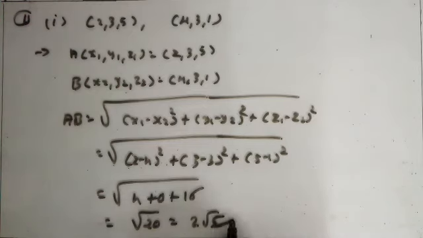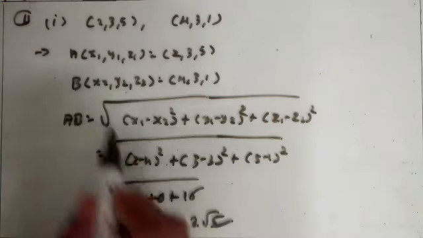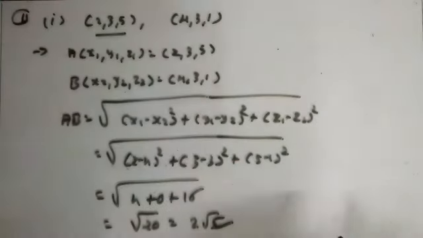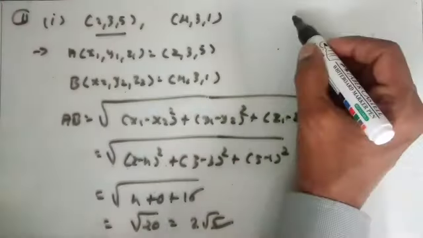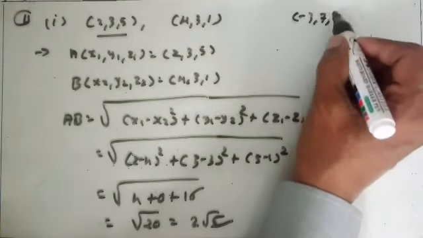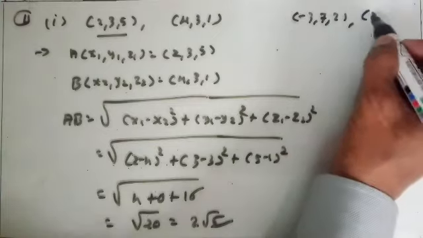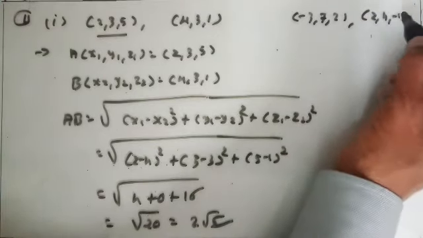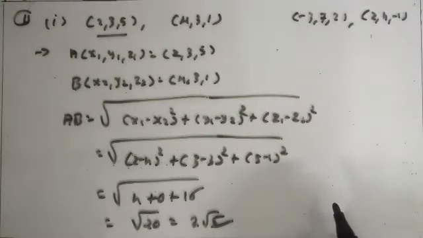So this will become the distance between given 2 points 2, 3, 5 and 4, 3, 1. Similarly, we get the distance for the other pairs, minus 3, 7, 2 and 2, 4, minus 1. Similarly for remaining 2 questions, we are able to solve these 2.